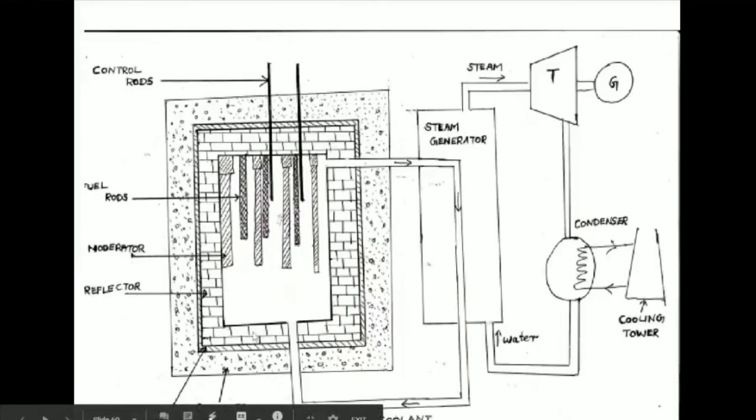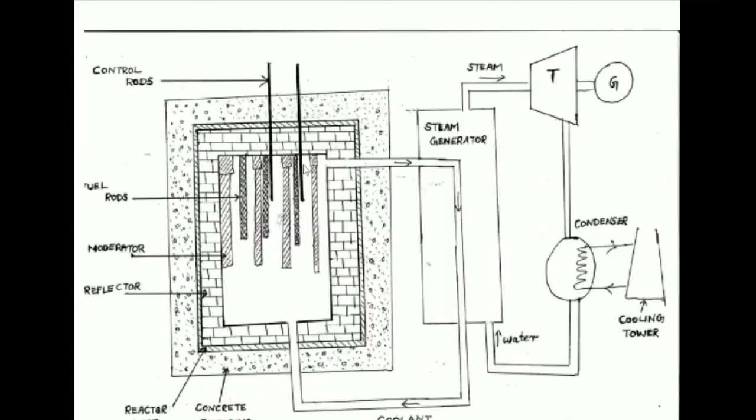This is a block diagram that shows the reactor vessel, its parts, then the rest of the power plant equipment. So we are having an outer cover. This is the reactor vessel, inside which we are having the fuel rods, then control rods, moderator, reflector, concrete shielding, etc. Then coolant is circulated throughout the reactor vessel and the steam generator.